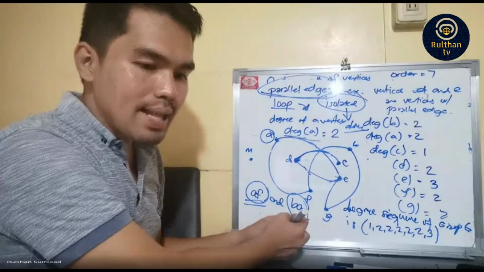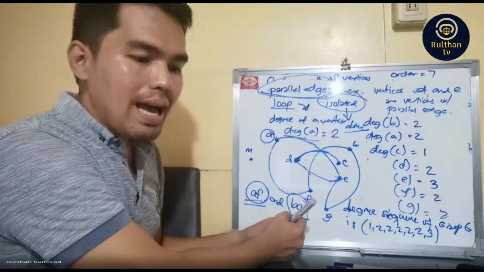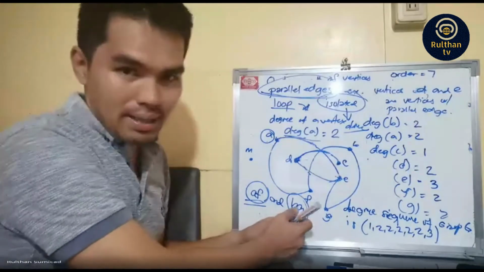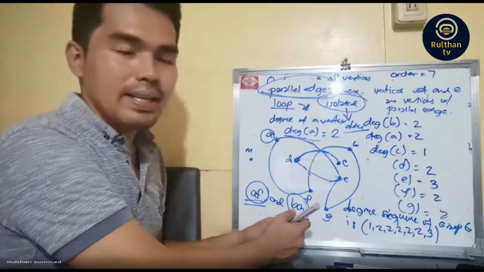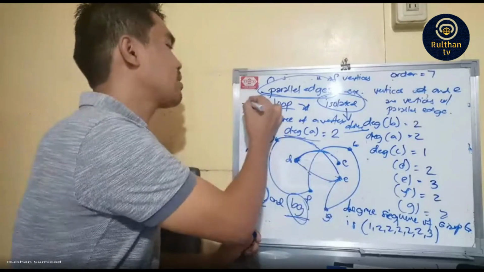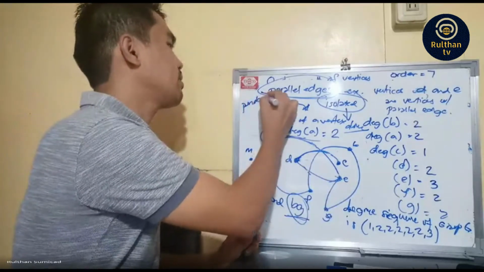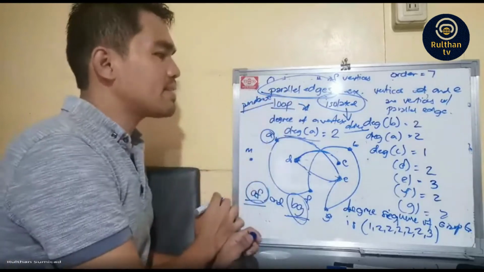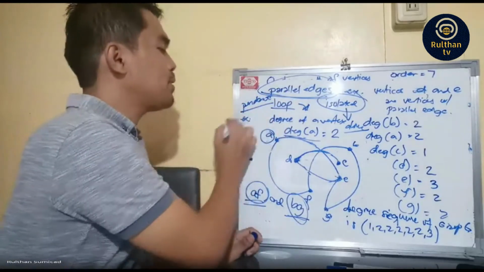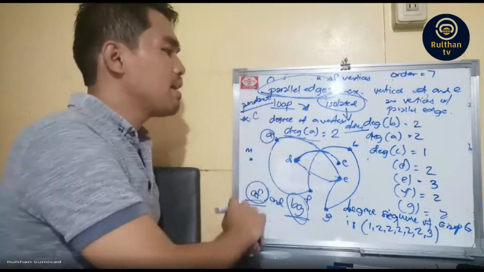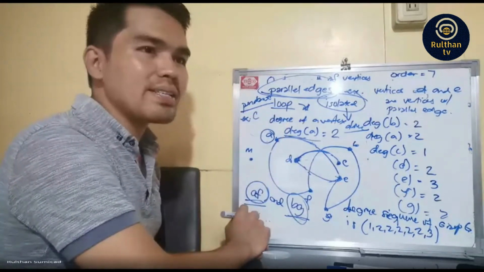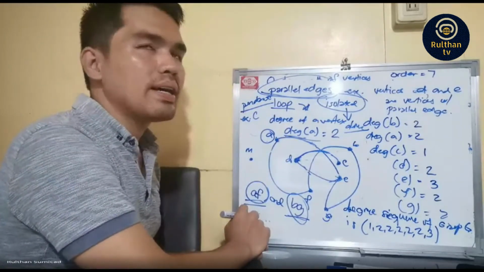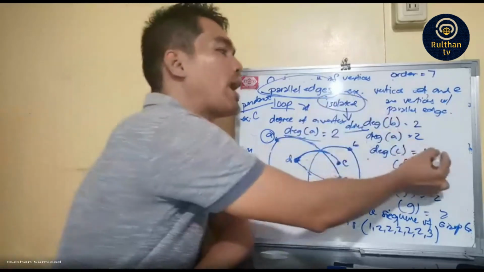And then lastly, an end vertex or pendant is a vertex with a degree of 1.